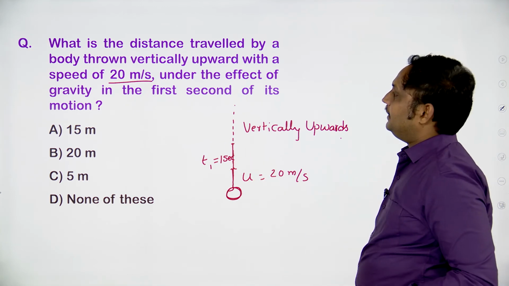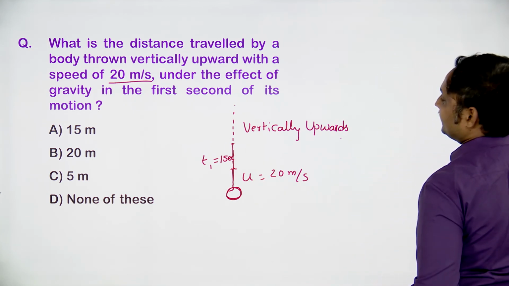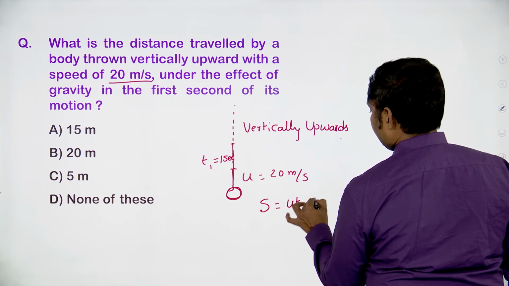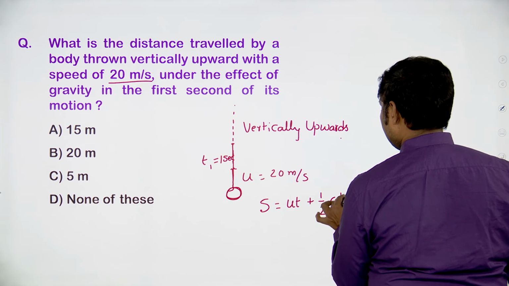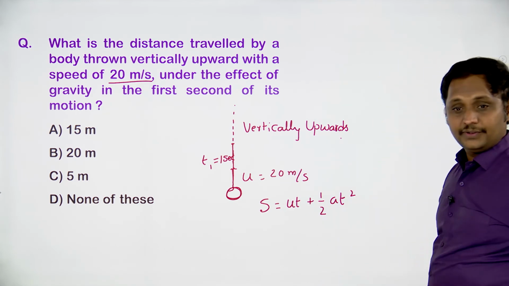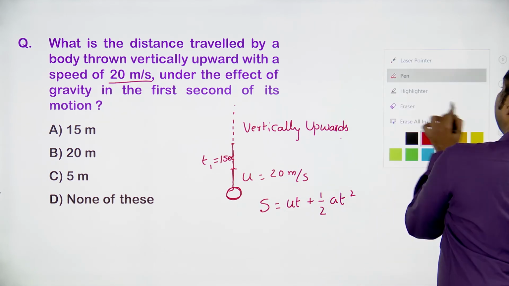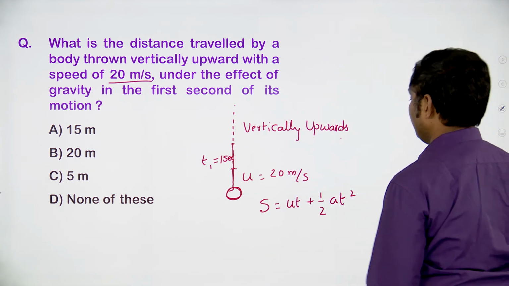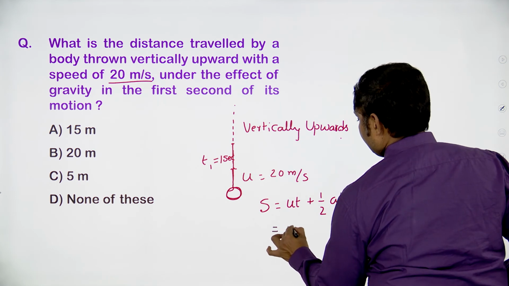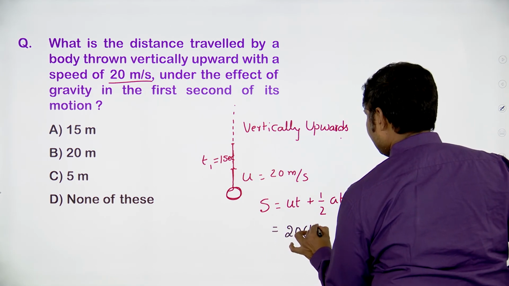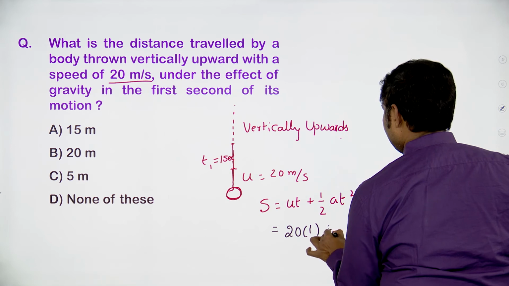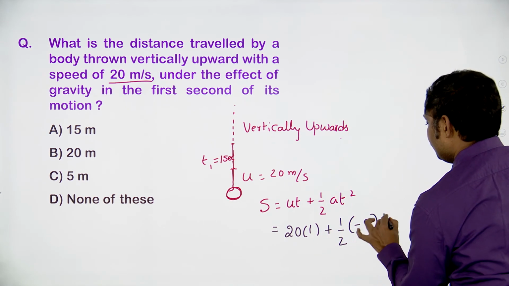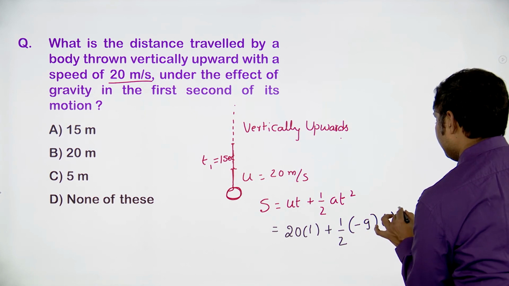We would like to apply that formula. S is equal to ut plus half at square. Then you can do the substitution and get the calculations better. That is 20 into 1 minus 1 by 2 into g into 1 square.